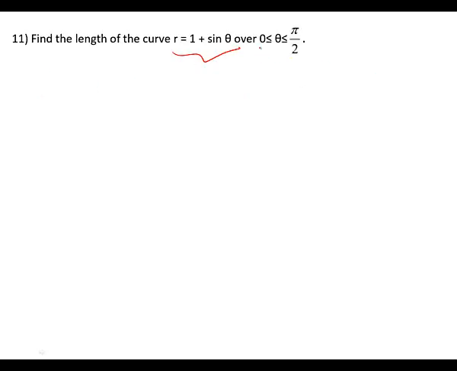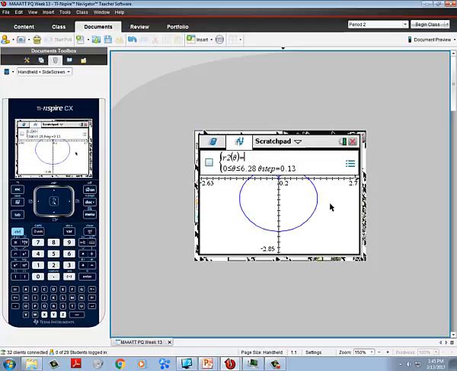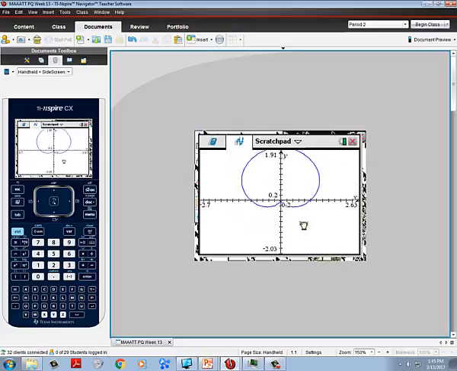It says we have 1 plus sine theta, so I could look at the picture real quick. It's going to flip this one, isn't it? That was 1 minus. So we're going to go 1 plus. All right, so there's my picture.